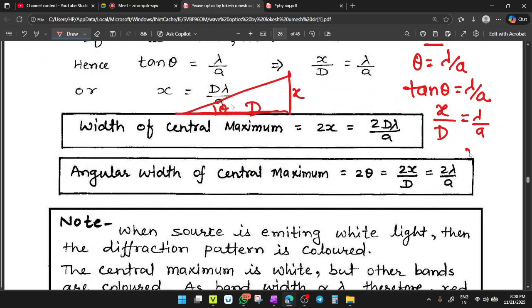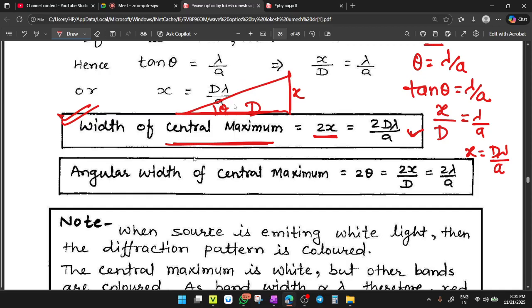Now the value of x equals D lambda by a. But the central maximum width is twice that, so the central maximum width equals 2D lambda by a. This is the width of the central maximum during diffraction.